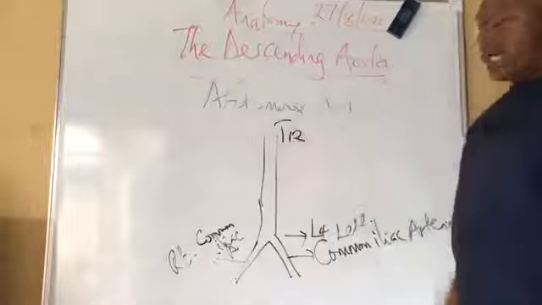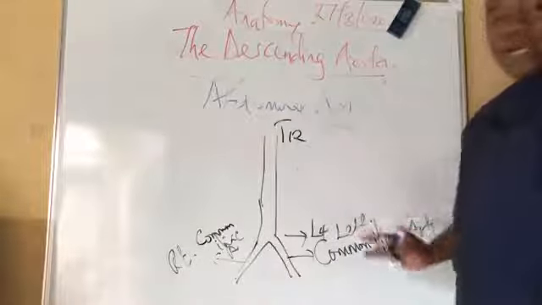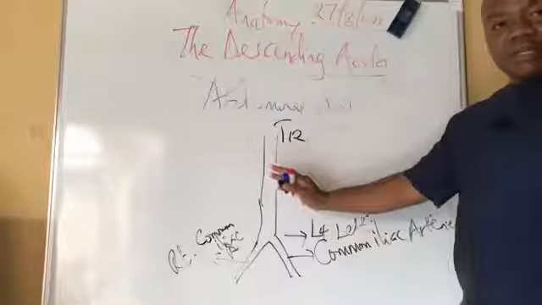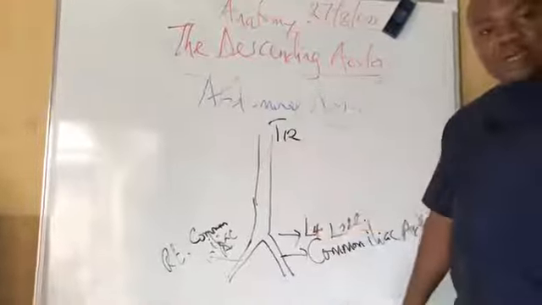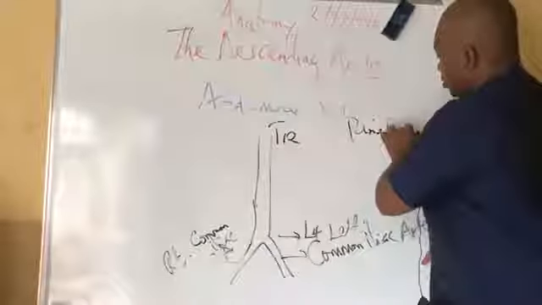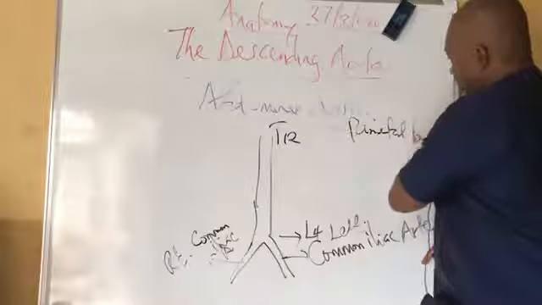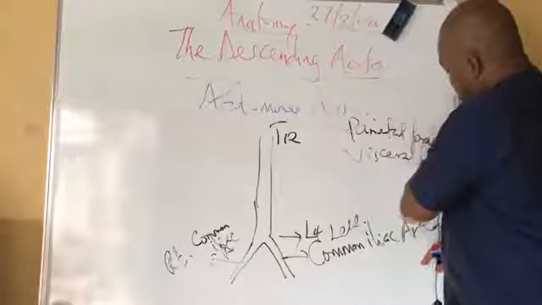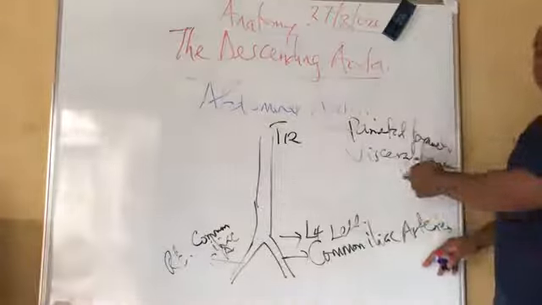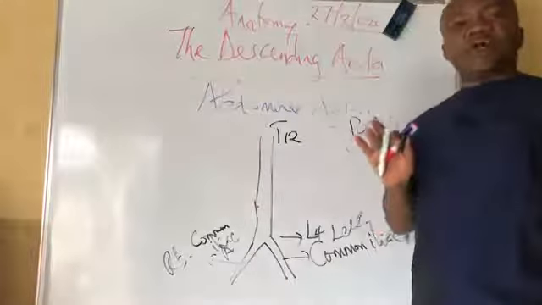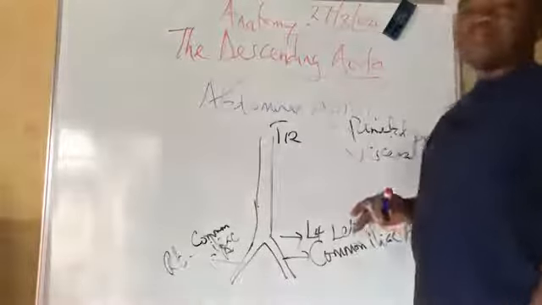The abdominal aorta also has two main branches: the parietal branch and the visceral branch. The visceral branches are referred to as unpaired branches.